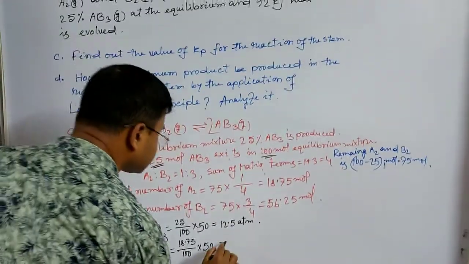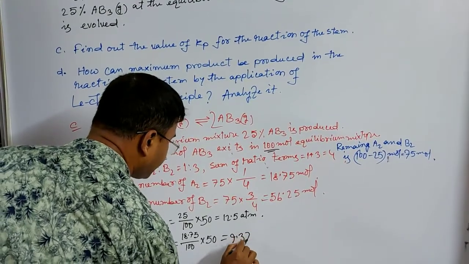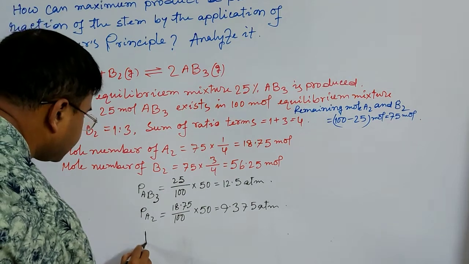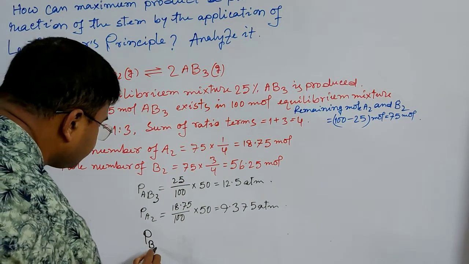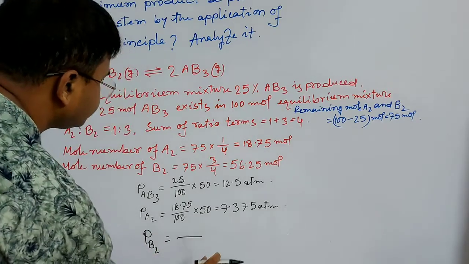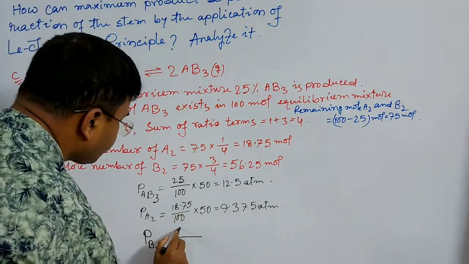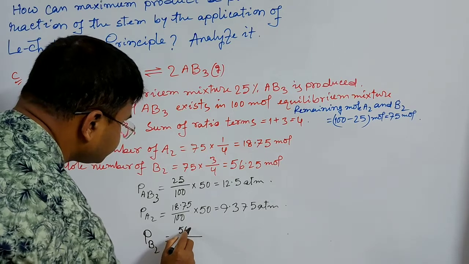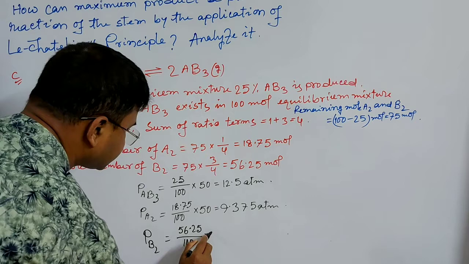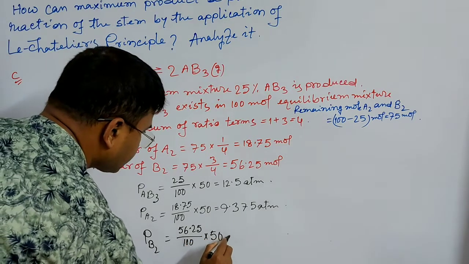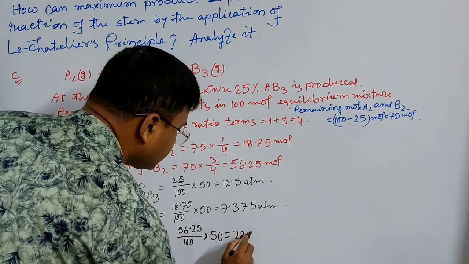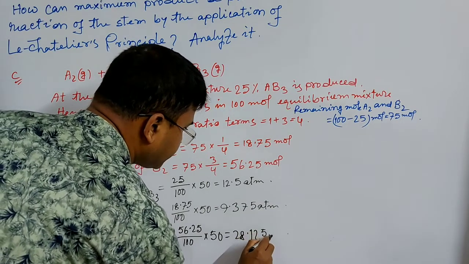So the result is 9.375 atm. Partial pressure PB2 equals mole number of B2, 56.25, divided by total mole number 100, into total pressure 50, equals 28.125 atm.